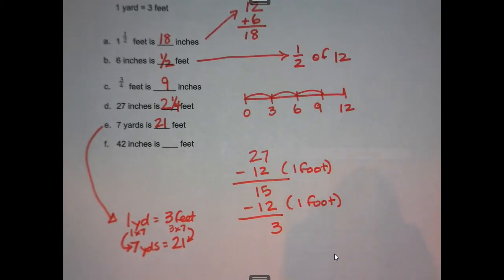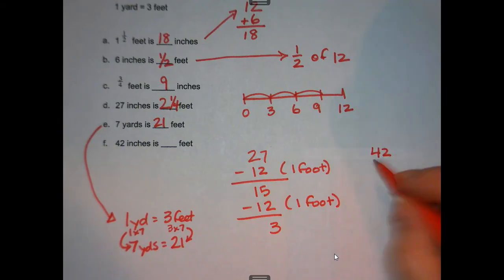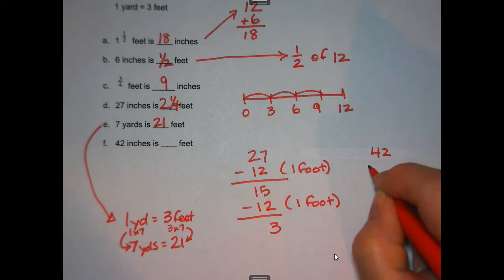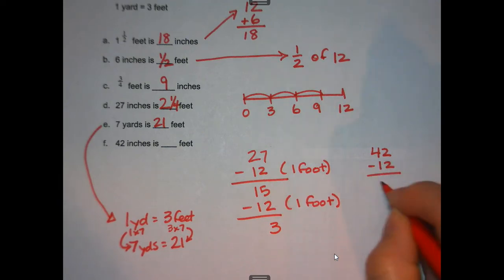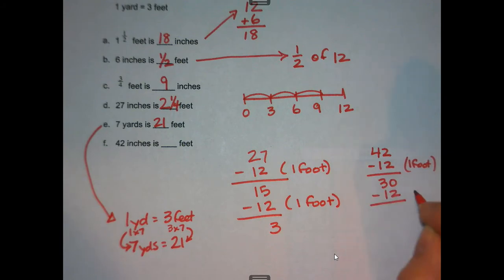And then 42 inches. So 42, a couple different ways I could do this. You could use the same strategy I used over here. Subtract 12, that gives me 30, that's 1 foot. Subtract another foot, and that gives me 18.